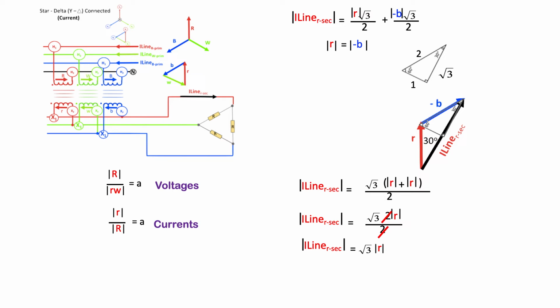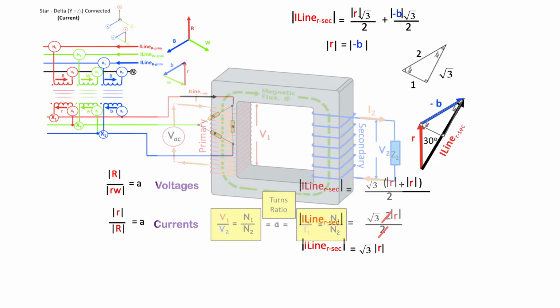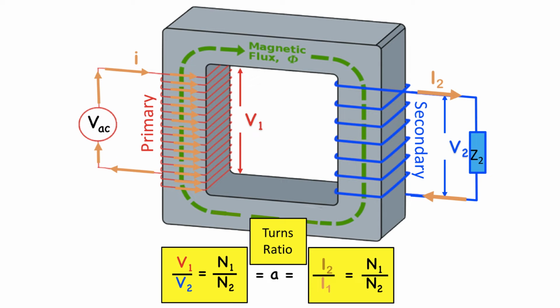And just to recall the theory, I'm going to look back at the slide that discovered this, that the turns ratio can be described in either the voltages or the currents, but they are the inverse of each other.